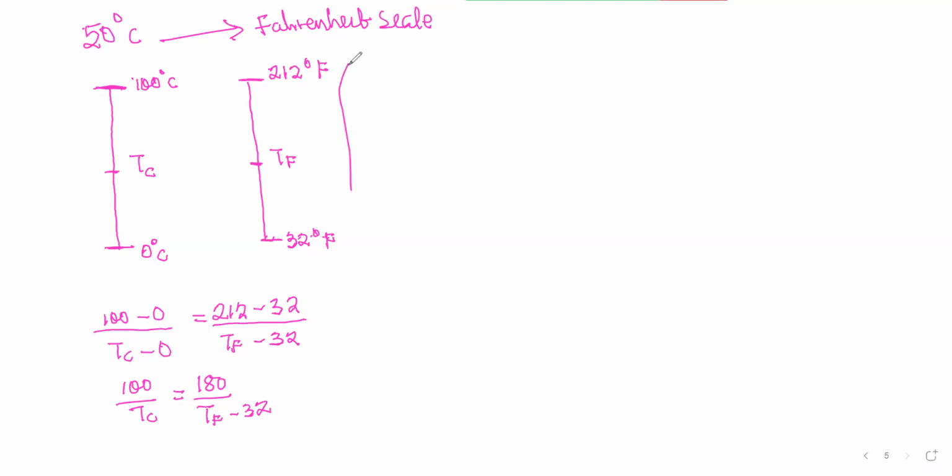Cross multiply to eliminate the fractions. So I have 100 by TF minus 32 is equal to 180 by TC. Then divide through by 100.